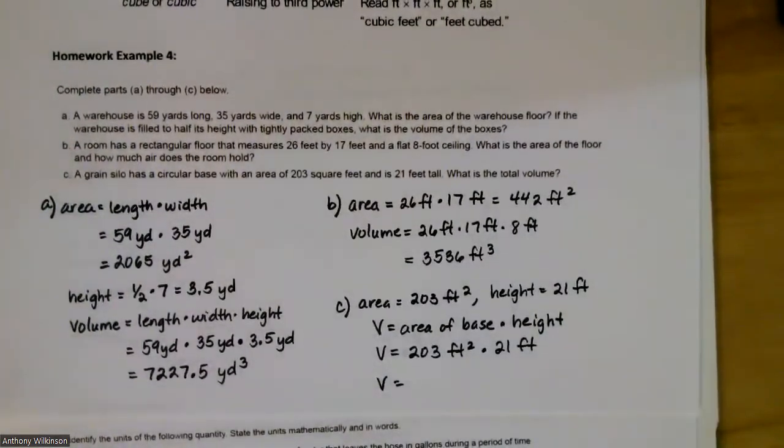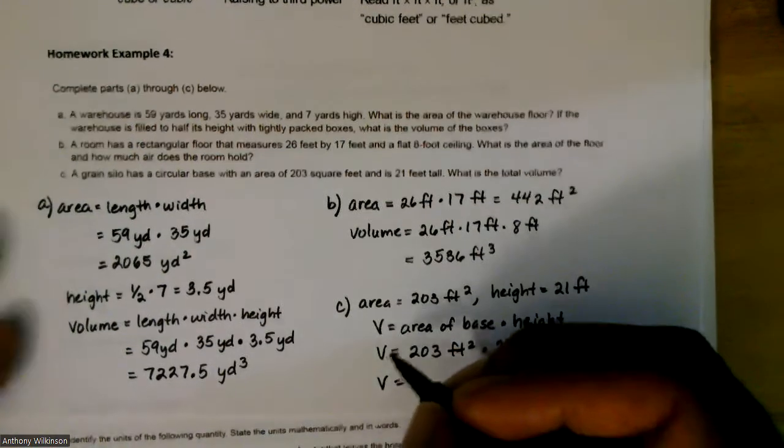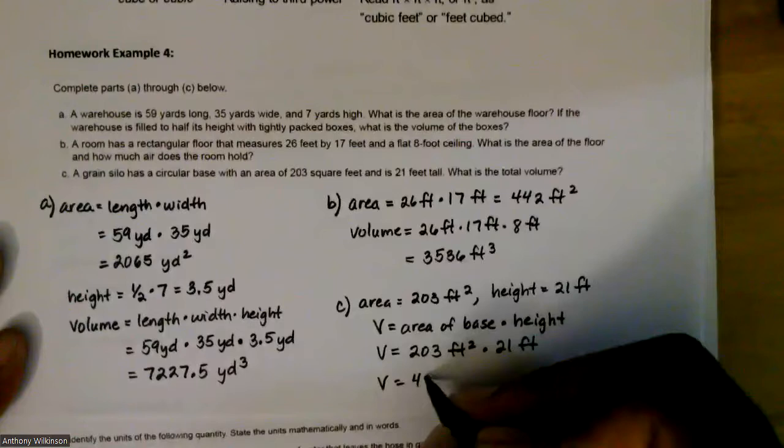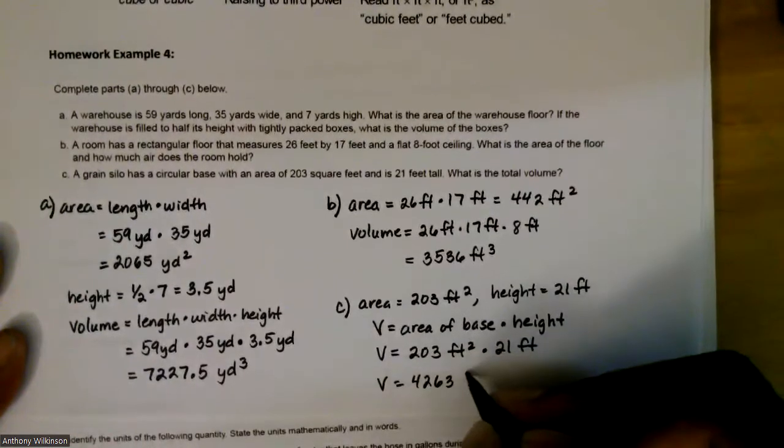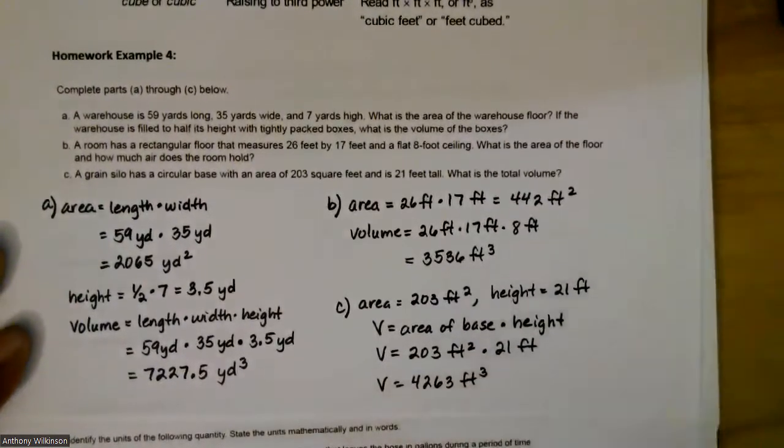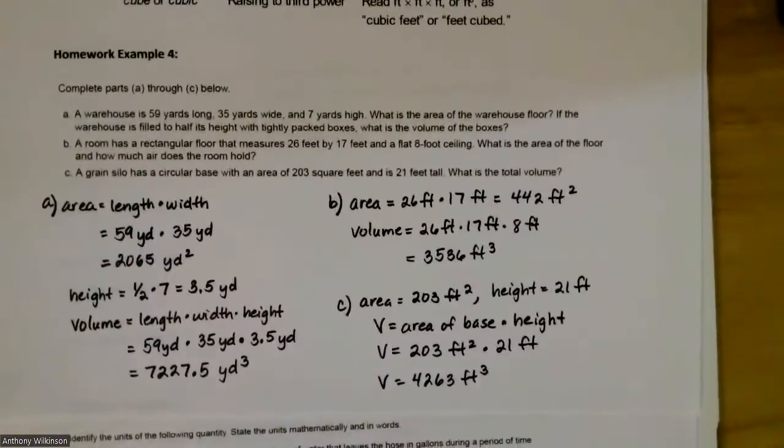If you multiply 203 times 21, you'll get 4,263. And this volume is in cubic units, so it has to be cubic feet. All right, so that's the volume of that silo.